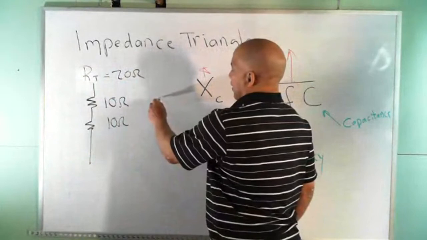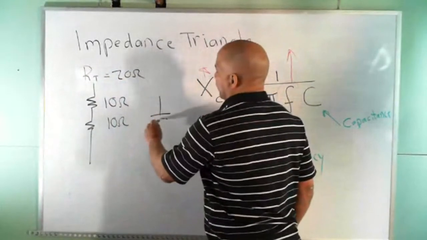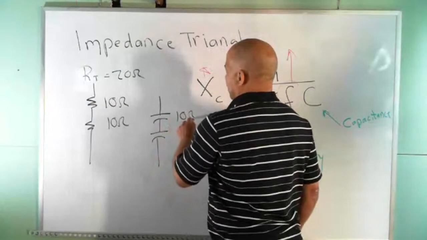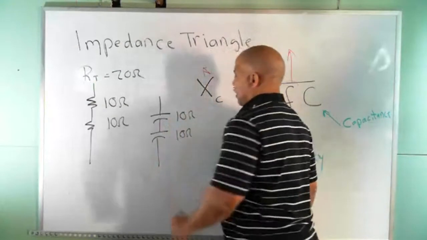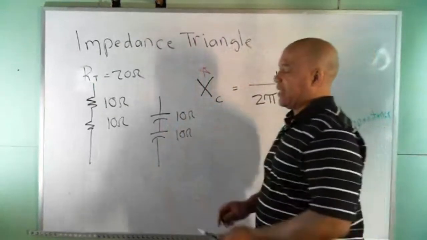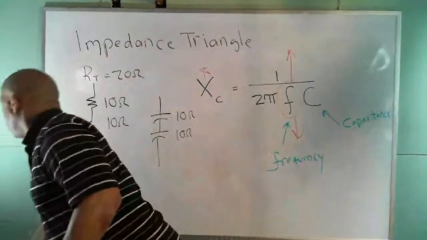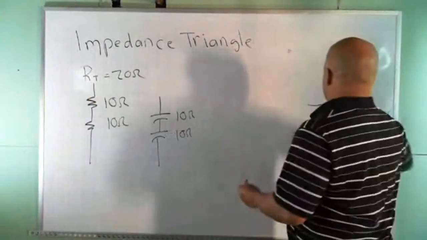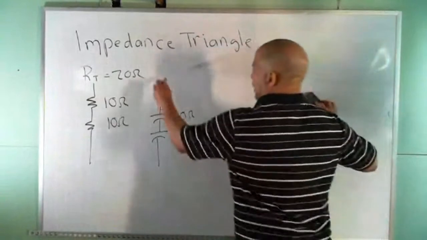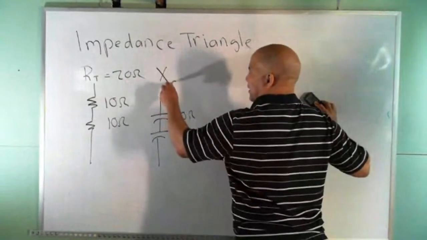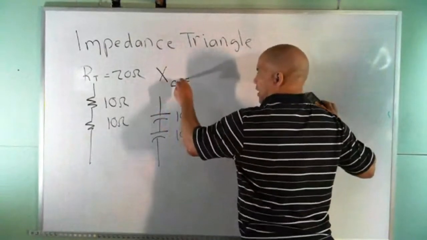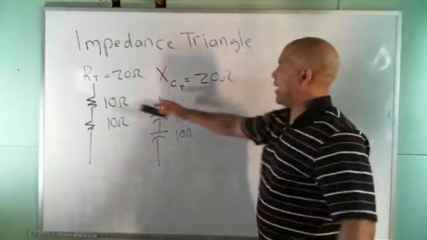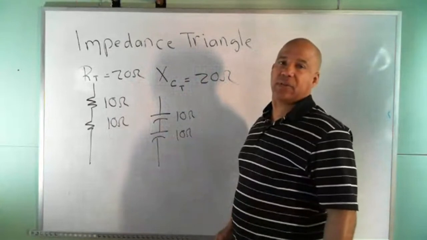Well, if I had capacitors in series like this, and this is 10 ohms, and this is 10 ohms, I do exactly the same thing. If I want to find the total capacitive reactance, just like with resistors, XC total is going to be 10 plus 10 is 20, just like my case with resistors.